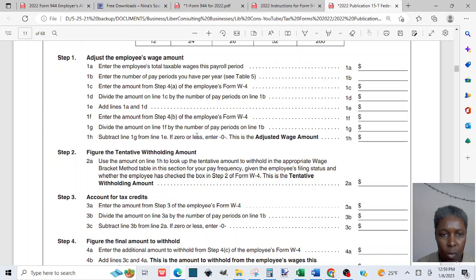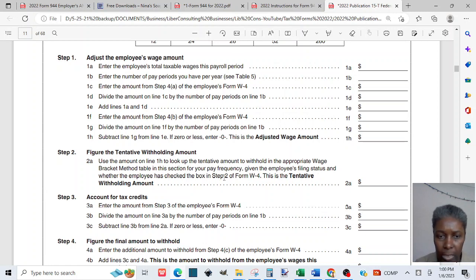So pretty much what is going on is: divide the amount online. The first step is allowing you to determine, to estimate the wages, and Step 2 is helping you to locate which column of tax withheld to use.